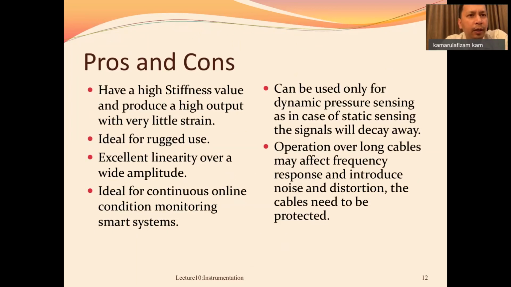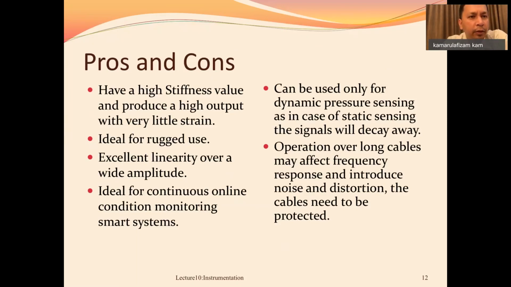First point is a high stiffness value, high output with very little strain. So when you give even a large amount of pressure, the size will not change much. It can support a very large load and maintain its size.